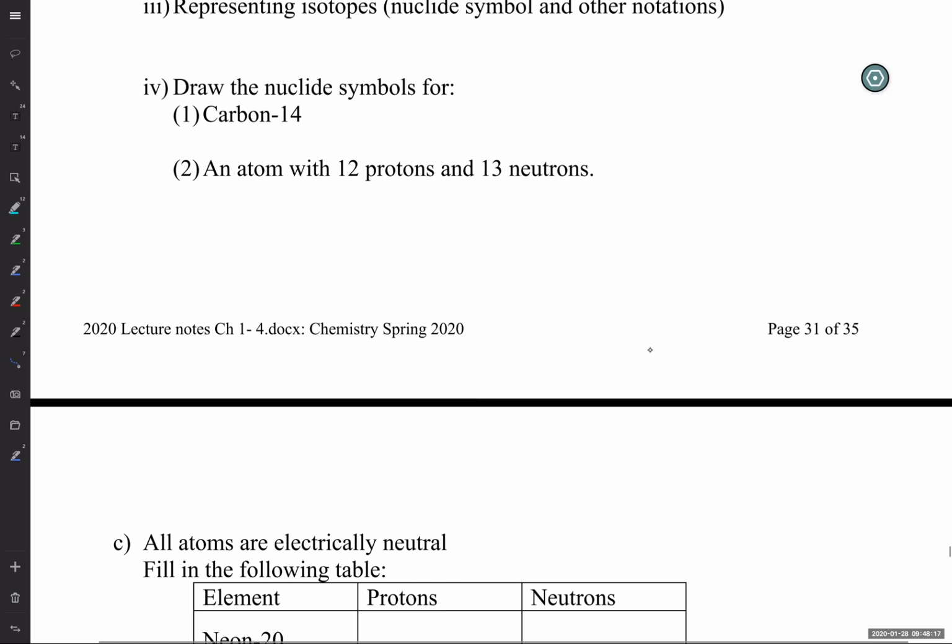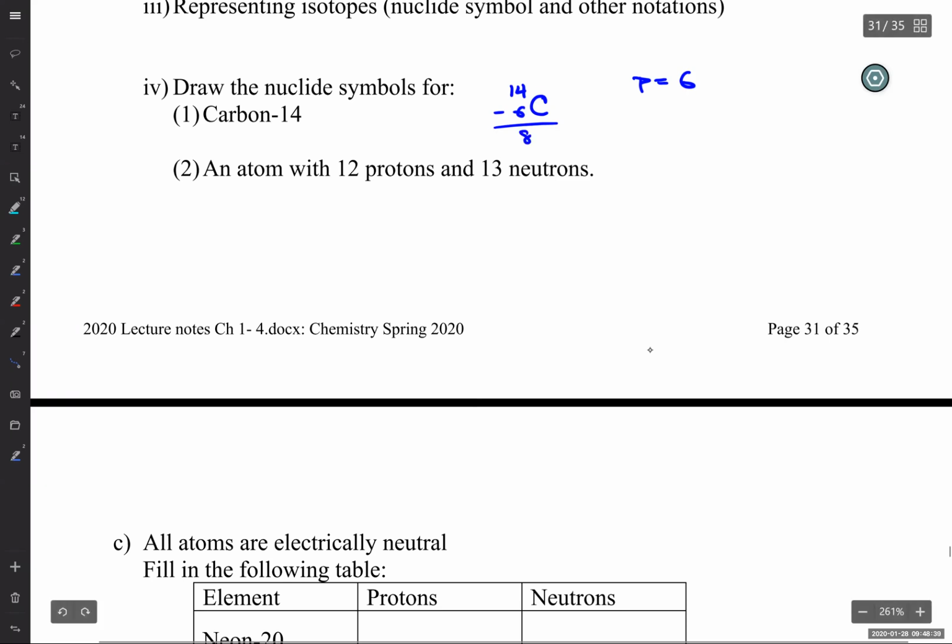So carbon-14, right, you're going to write C, and you're going to put 14 up here, and then you can write a 6 here. If you wanted to know the protons, well, you just look at the nuclide symbol, 6, right? And if you wanted the neutrons, you just subtract, and it'll give you 8.